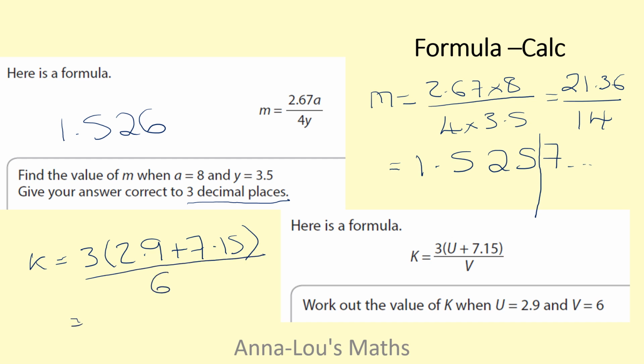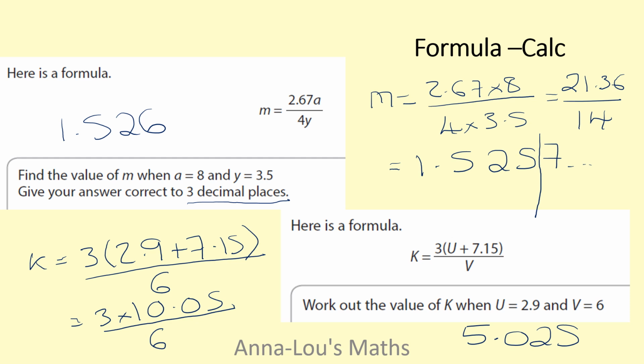If I add my things in the brackets together, because obviously BIDMAS, I do those first, 3 times by 10.05, because that 3 is next to the brackets with no symbol, so that means times, divided by 6, which would have given me, hopefully, you've all got a final answer of 5.025. If you've got anything different, you have rounded too early. So make sure you do not round until the very, very end.